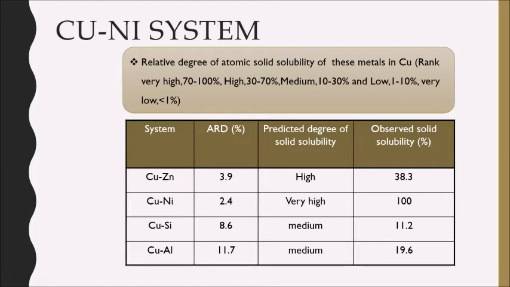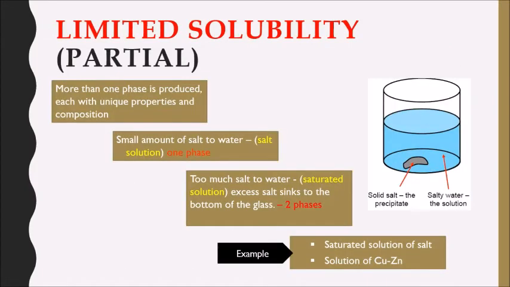The CuNi system has a very high predicted degree of solid solubility, as the atomic radius difference value is the lowest, which is 2.4. Thus, it will lead to a higher value of observed solid solubility, which means when the atomic radius difference is lower, the percent of observed solid solubility is higher.